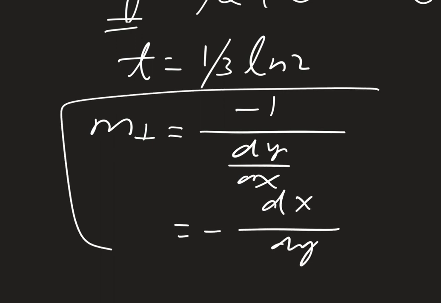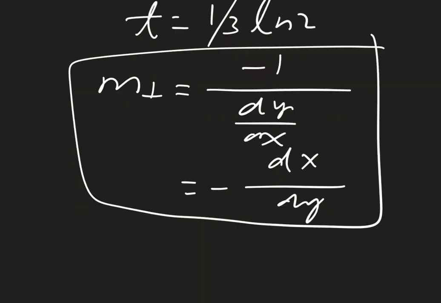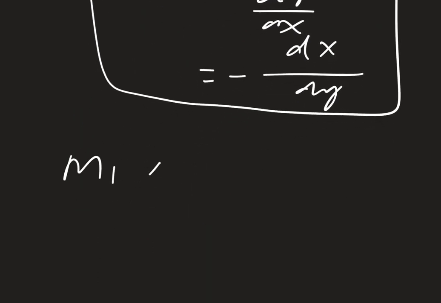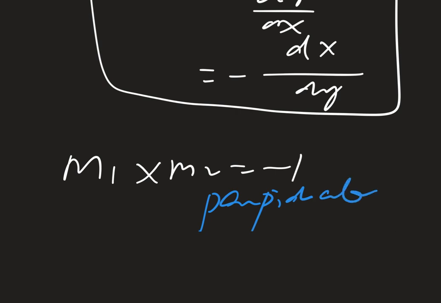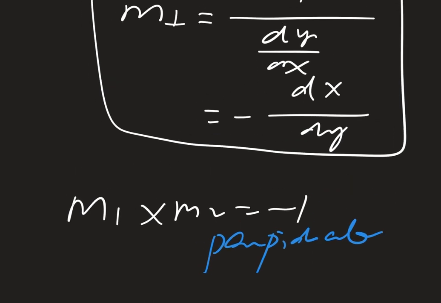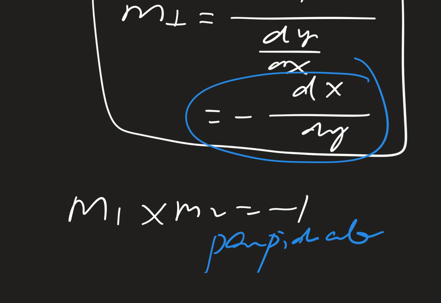Agree? You learn this in O-level math. M1 times M2 equals minus 1, then these two are perpendicular. So this is what we are going to find, minus dx/dy.